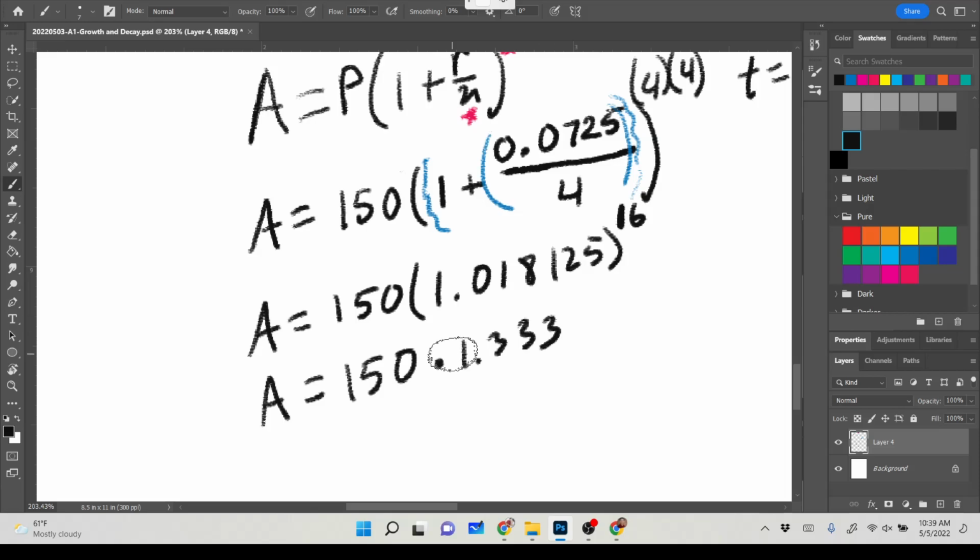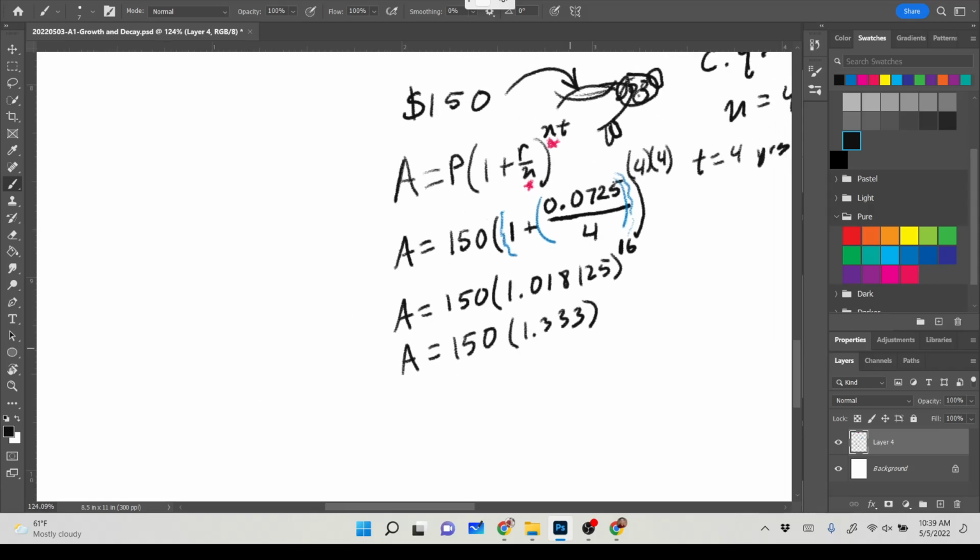And then the last step would be what? Multiply it. So then you still should have that number in your calculator, unrounded, and as long as your calculator will let you do it, you just push times 150, enter. On number 8, my calculator put it in scientific notation.